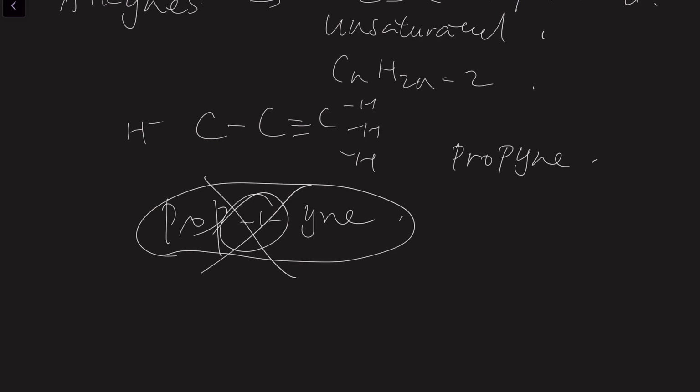But if you only have one possible location to go, you don't need to do this extra step. So you want to keep things as simple as possible. So always check that when you are doing your exam. If you only have one possible choice, then do not assign this position number.